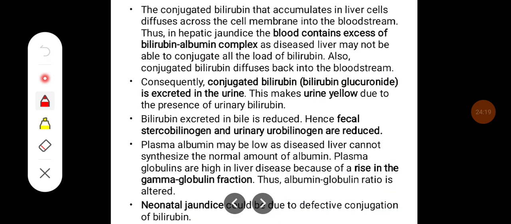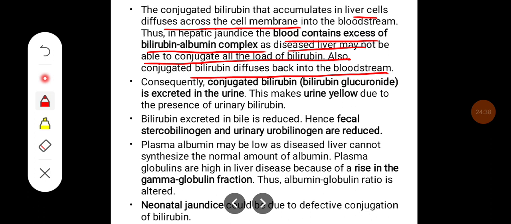The conjugated bilirubin that accumulates in the liver diffuses across the cell membrane into the bloodstream. Thus, in hepatic jaundice, the blood contains an excess of bilirubin albumin complex, as the diseased liver may not be able to conjugate all the bilirubin. Also, conjugated bilirubin diffuses back into the bloodstream.